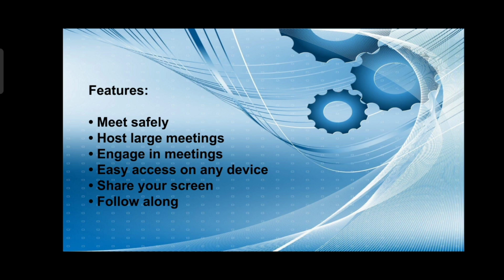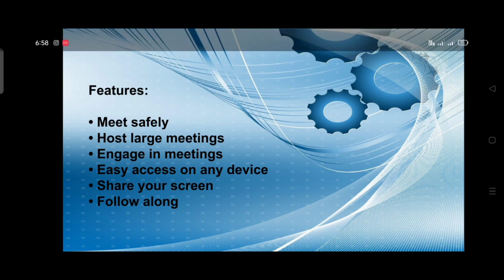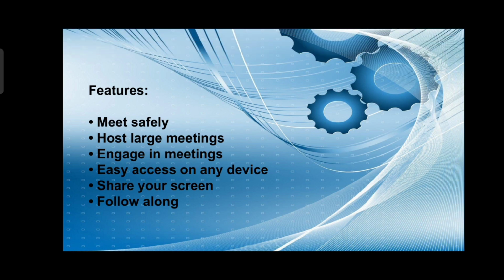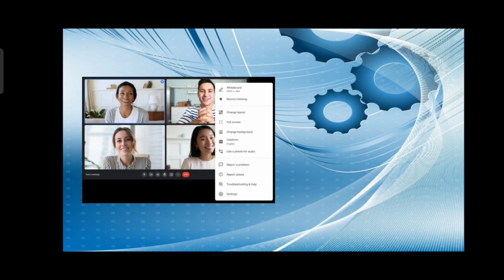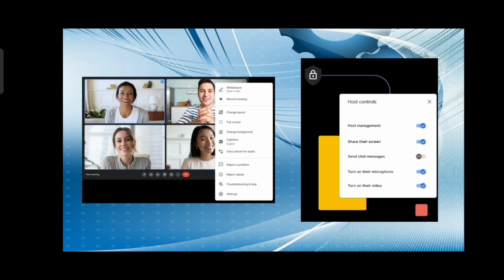So the pictures below show an example of what's inside the Google Meet app. There you can see a picture of 4 people with different backgrounds, which means they are meeting virtually. And the other one shows a host control with buttons such as host management, share their screen, send chat messages, turn on their microphone, or turn on their video.